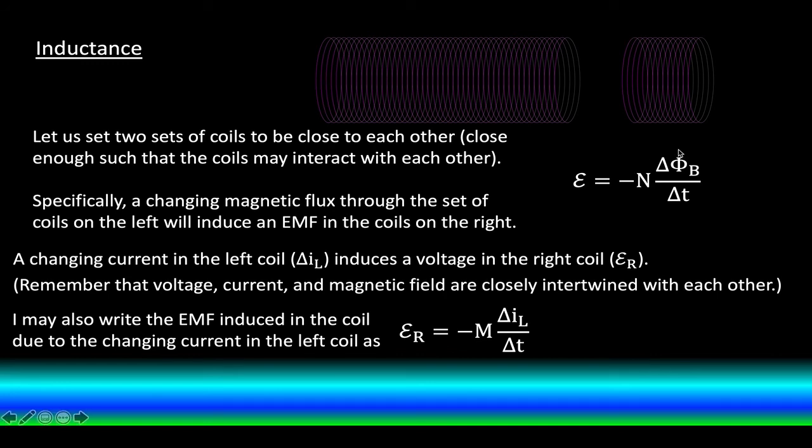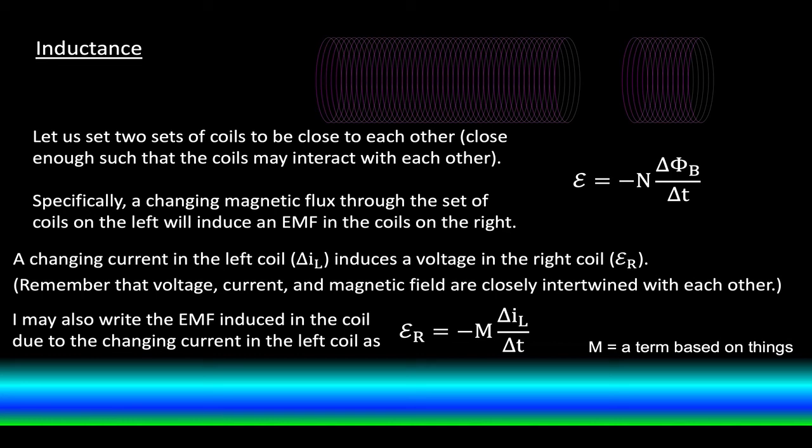So if I want, I could say the voltage induced is N times the rate of change of magnetic flux, but I could just as well write that the voltage induced in this coil on the right is the rate of change of the current on the left multiplied by something, and this term M is a term that is just based on the details of the scenario.